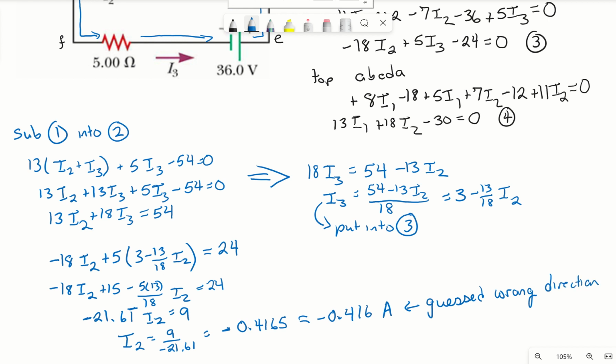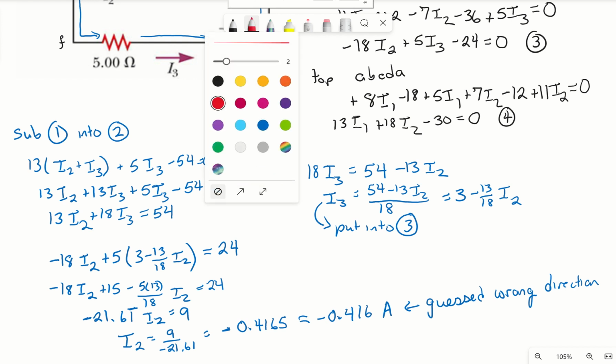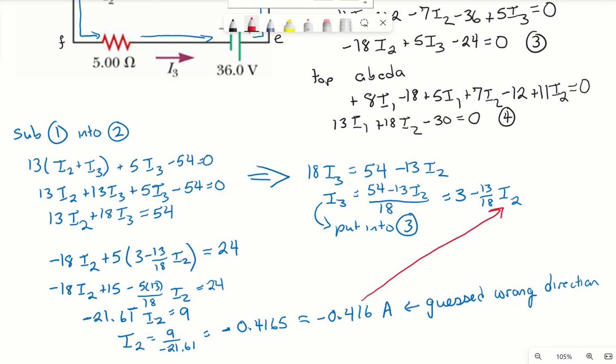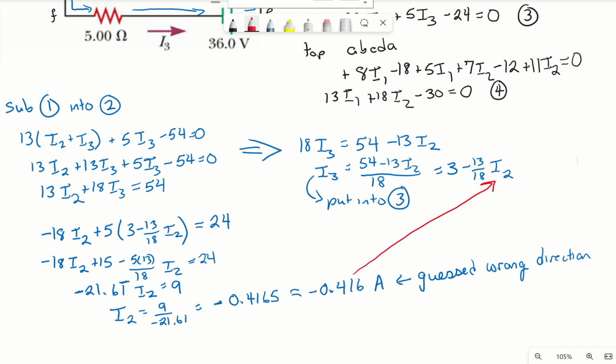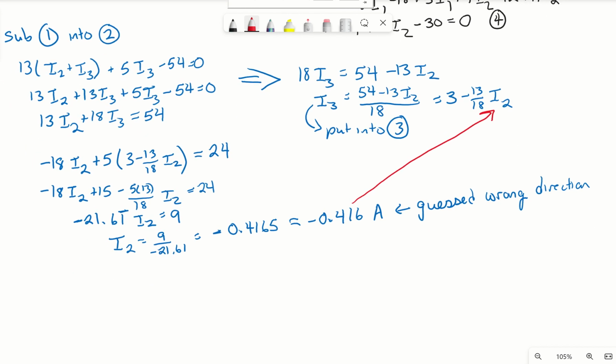Okay, so now I've got an actual number for I2. Now I can, let me switch my pen color here. Now I can take that 0.416 for I2, put it back up in that equation there, and that will give me a number for I3. So let me just scroll down and do that. So I know that I3 is 3 minus 13/18 I2.